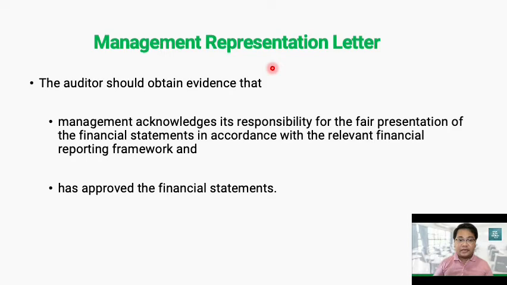On the other hand, the management representation letter comes from the management, signed by the management, expressly acknowledging their responsibility over the financial statements and approving them after our audit. After we have audited the financial statements and booked the adjustments, they have approved the financial statements for issuance.